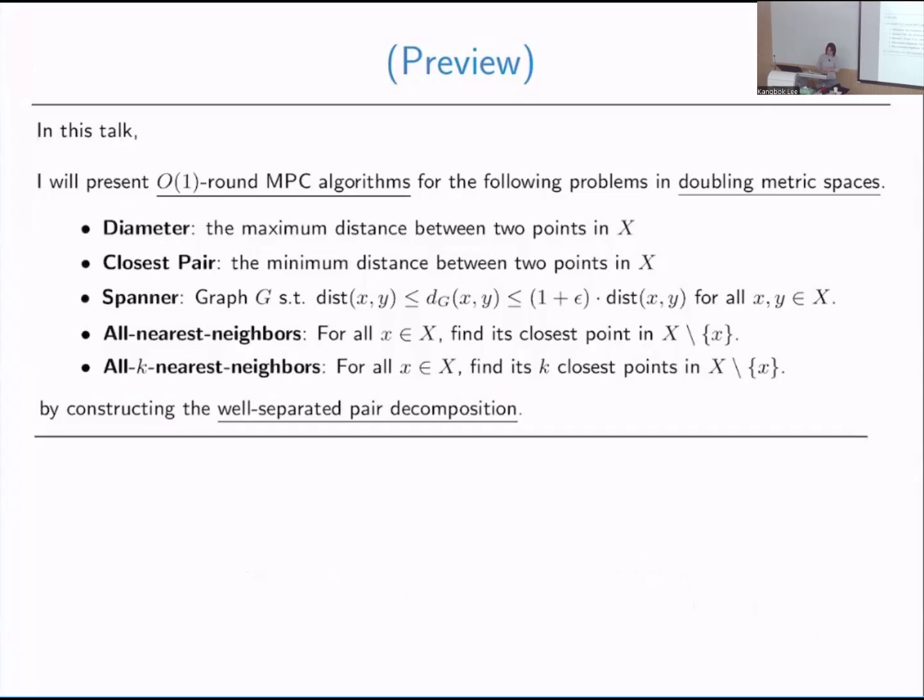These include the diameter problem, the closest pair problem, the spanner construction, the all nearest neighbors problem, and the all k nearest neighbors problem. I will define those problems later, but the important thing is that the core of our approach is to construct the well-separated pair decomposition.